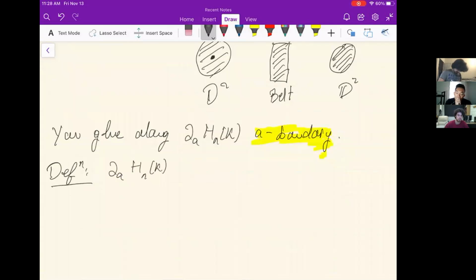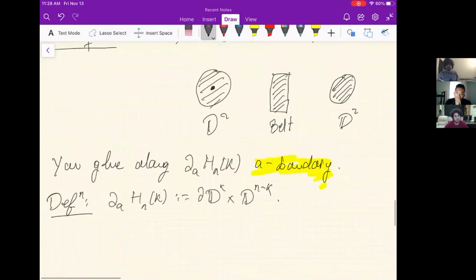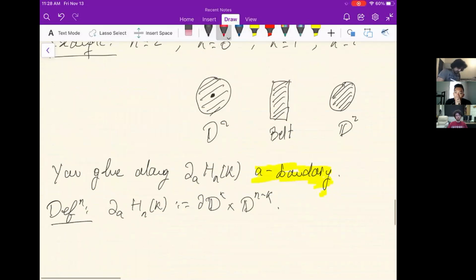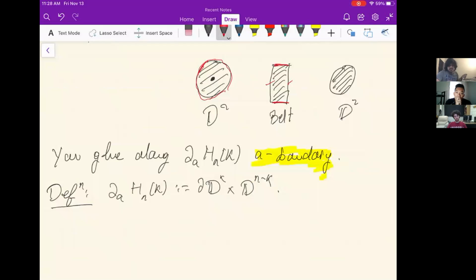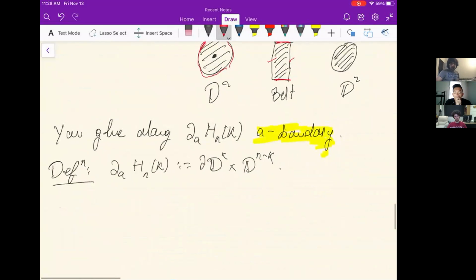We take the boundary of this and we cross it with the disk. Okay, so let me just illustrate. This is the boundary here. Notice I didn't take this part. Okay, this is the boundary. In fact that's how you do it so that you preserve the smooth structure on your manifold.